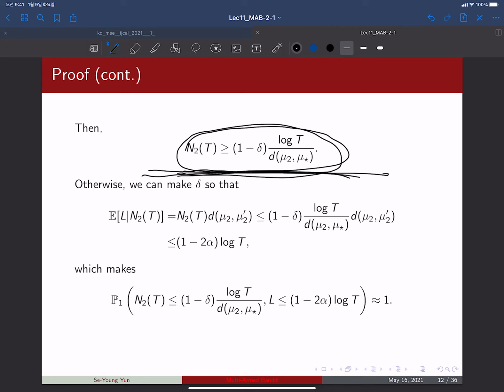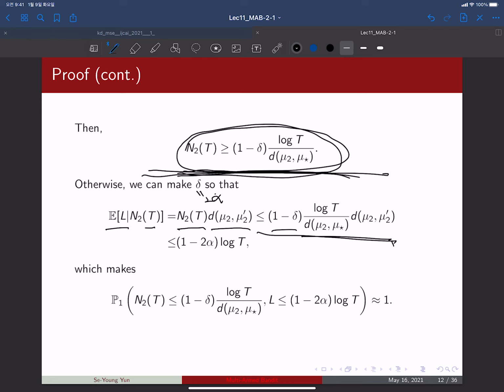Then we can set delta equal to 2 alpha. The expectation of L given n to t is equal to n to t times the KL divergence, which is less than or equal to 1 minus delta, under the assumption that n to t is less than 1 minus delta log t over the KL divergence between mu2 and mu star. So we have this.